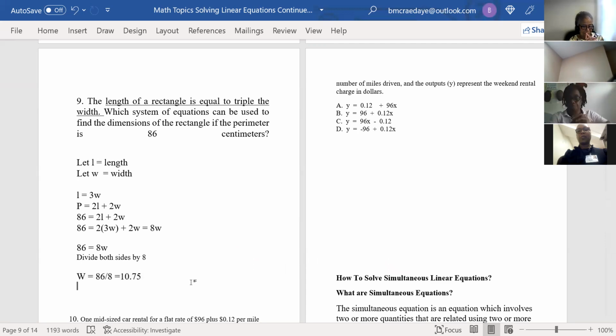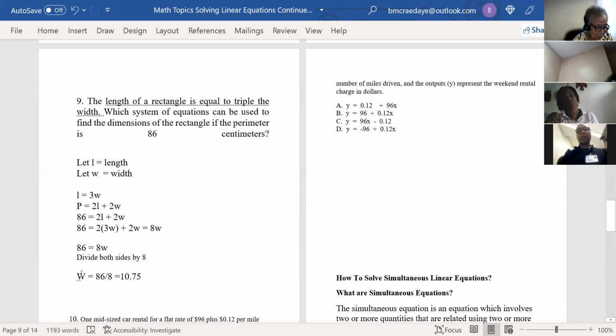The length of the rectangle is equal to triple the width. Well, we said the length is 3 times the width, so multiply that by 3.